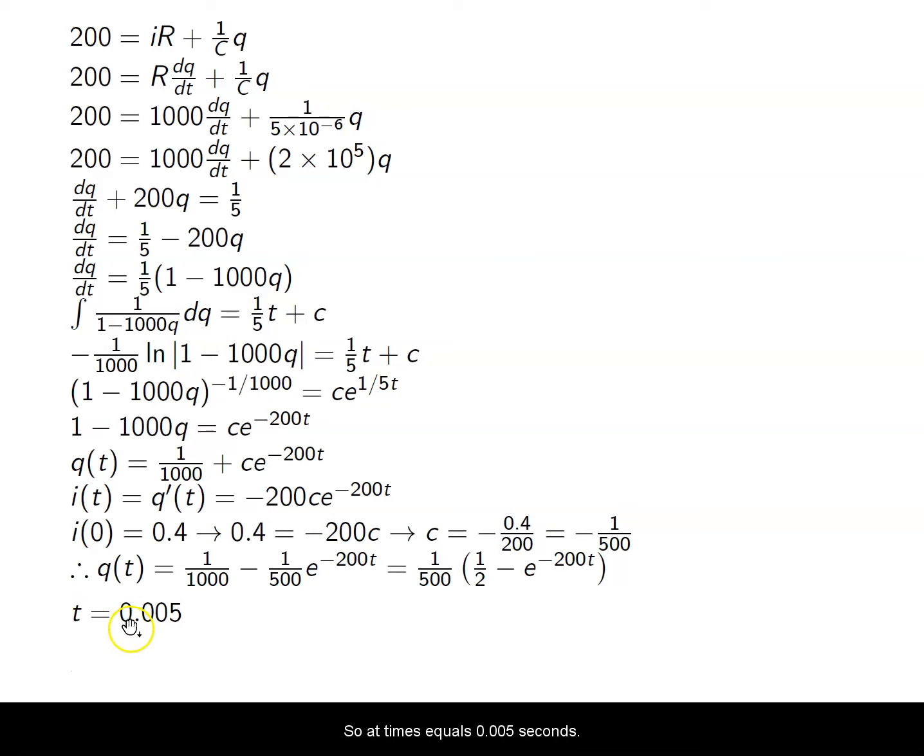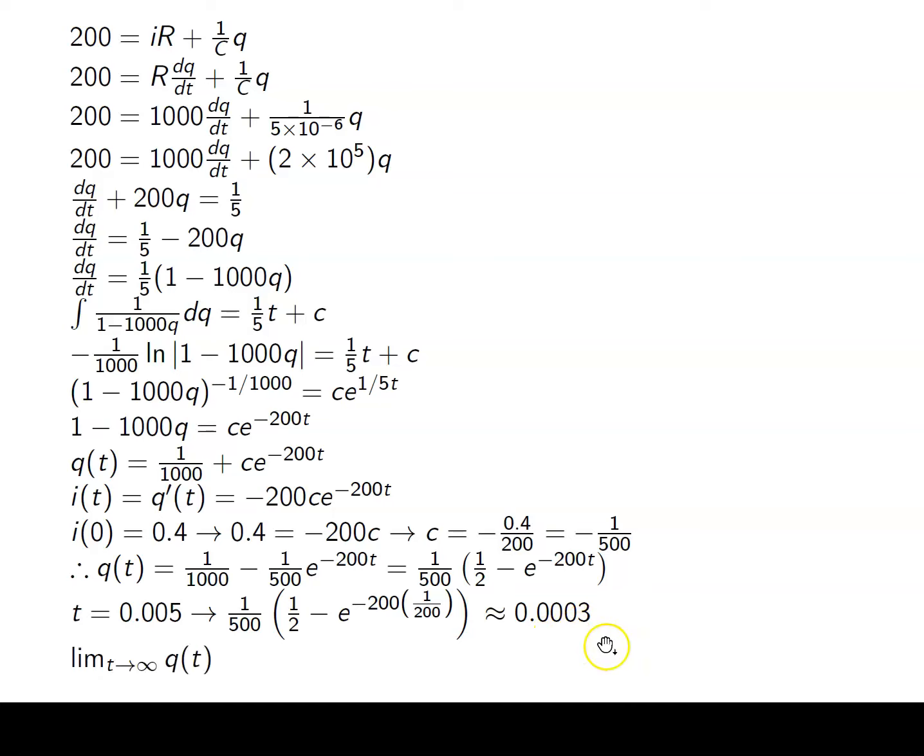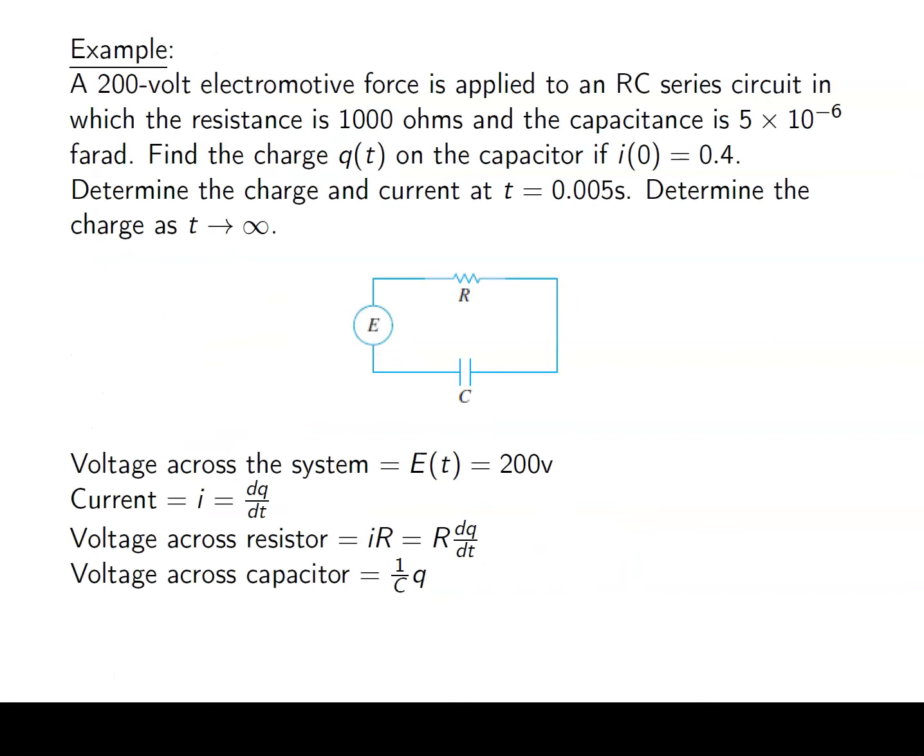So at time equals 0.005 seconds, I can just plug that into my q of t, and I get about 0.003 farads as the charge, because capacitance is in farads.